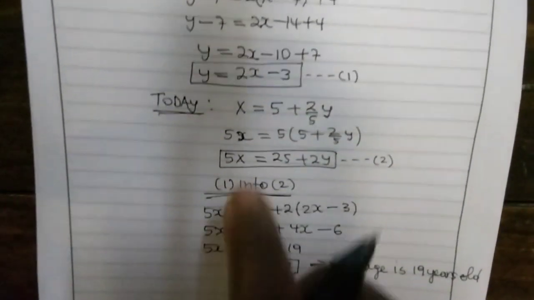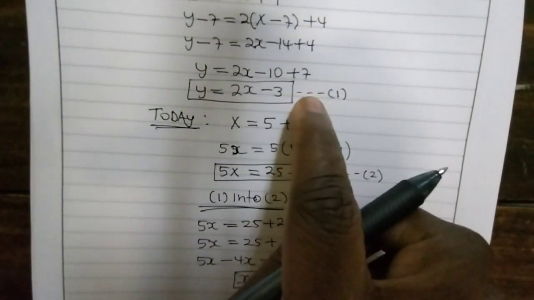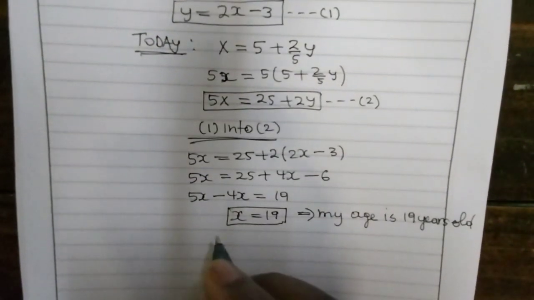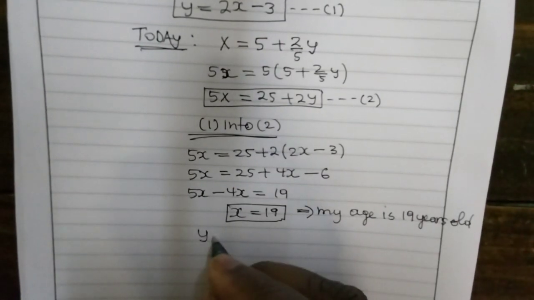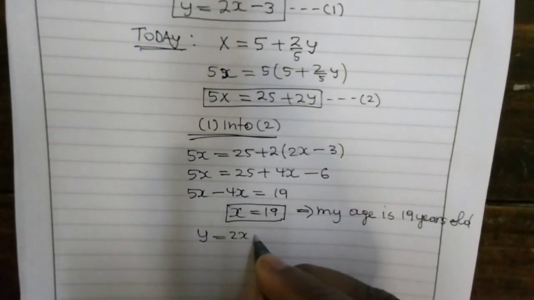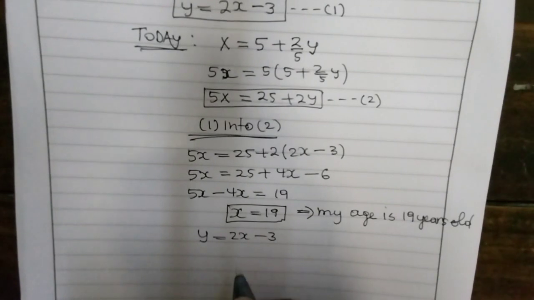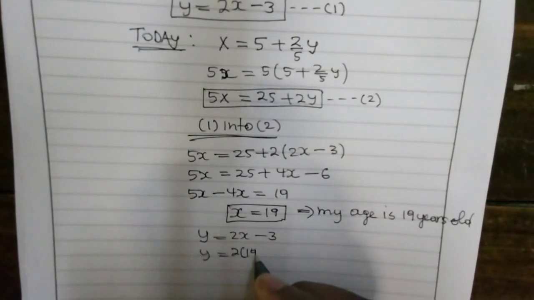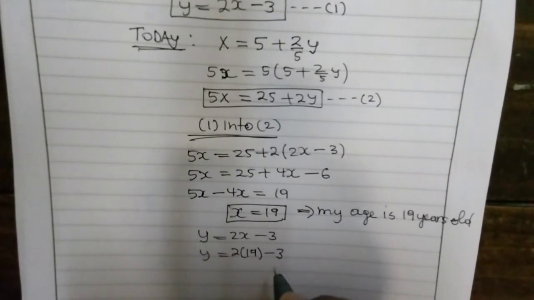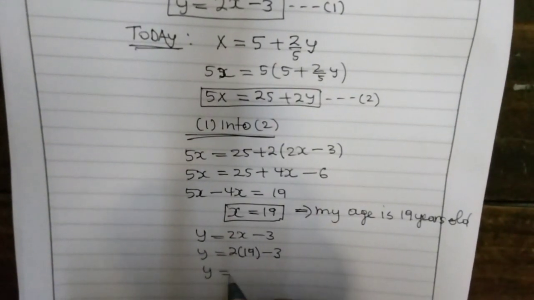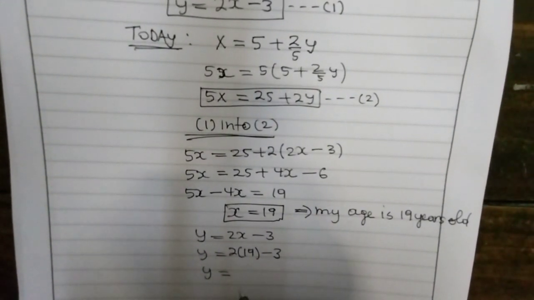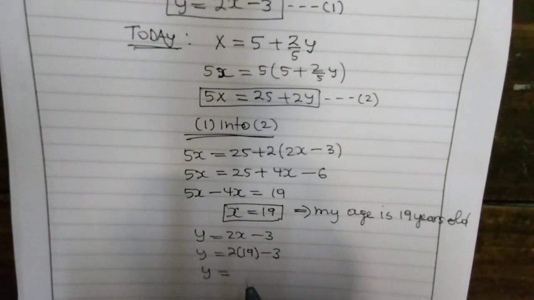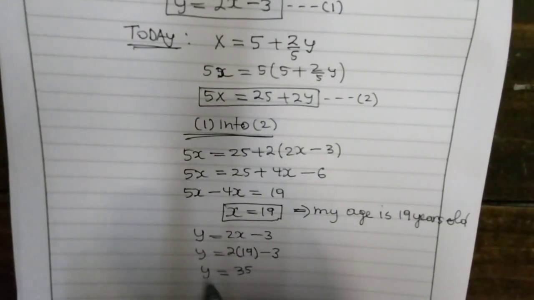Then I'll take equation 1 here. I'm going to have Y equals 2X minus 3. Replacing X by its value, Y will be equal to 2 into 19 minus 3. Then Y will be equal to 2 times 19 is 38 minus 3, this is 35.